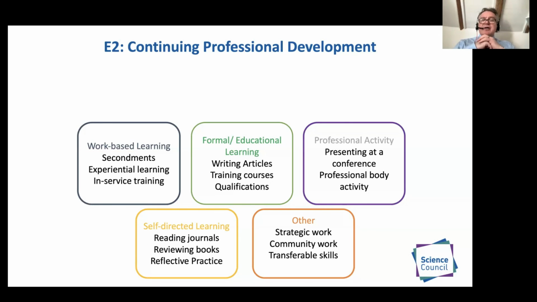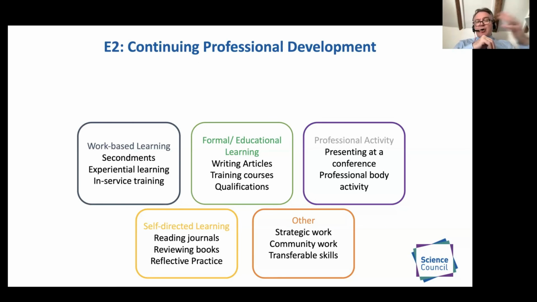So essentially, if we look at E2, if we look at CPD, there are different modalities. I've mentioned 5 here. So one is work-based learning, secondments to learn new technical skills, shadowing to actually learn new techniques from specialists within your lab, formal educational learning, okay, gaining qualifications, writing articles, attending training courses, okay?